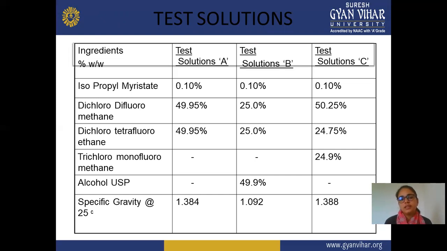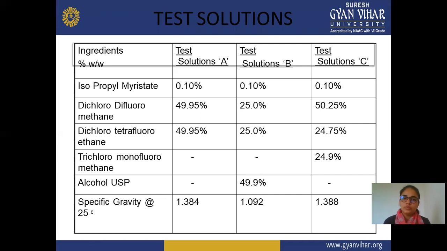The next ingredient is dichlorotetrafluoroethane: 49.95% in solution A, 25% in solution B, and 24.75% in solution C. Next is trichloromonofluoromethane. Test A and test B solutions don't contain it, but test solution C contains 24.9%.